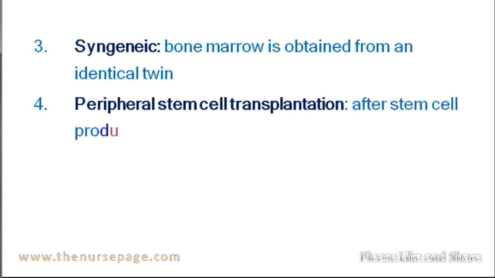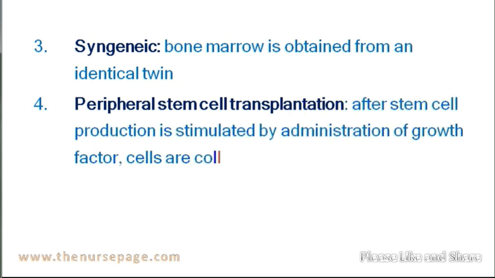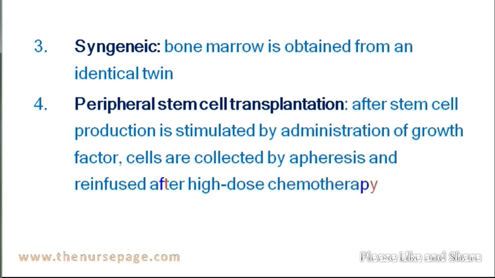Fourth type of bone marrow graft is peripheral stem cell transplantation. After stem cell production is stimulated by administration of growth factor, cells are collected by apheresis and reinfused after high dose chemotherapy. So it is collected from outside the body by stimulating stem cell production with growth factor, then reinfused to the same person.